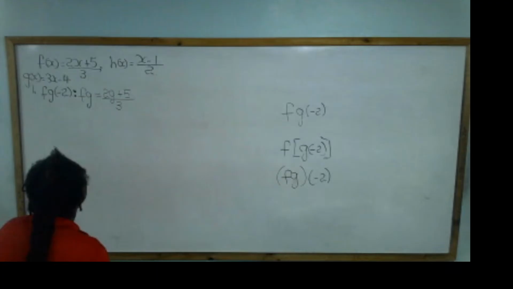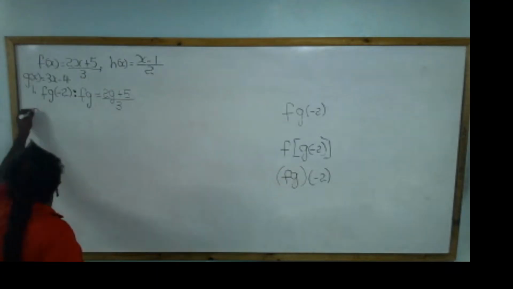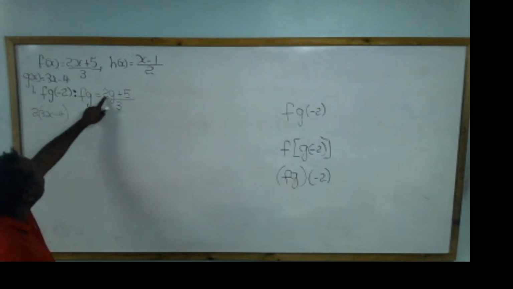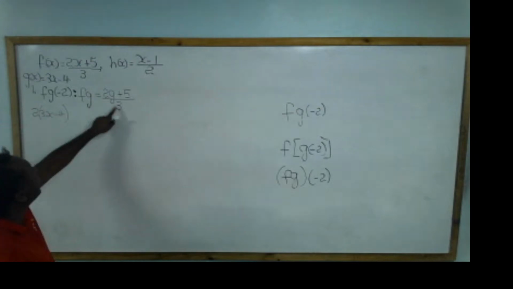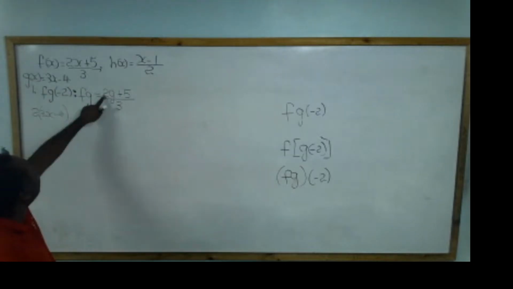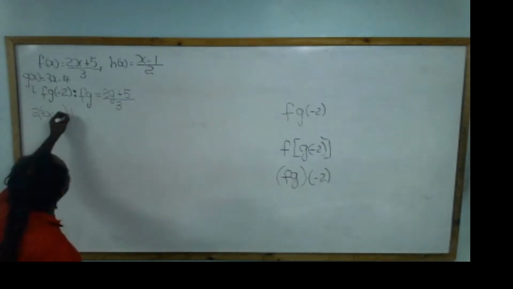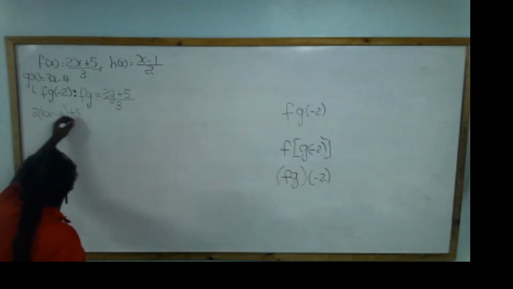So we'll say that is 2, what is g? 3x minus 4. So that is 2g plus 5 over 3. And of course you can see that g is actually 3x minus 4. So it's going to be 2 times 3x minus 4. It's right there. Then we plus 5 and we put that over 3.